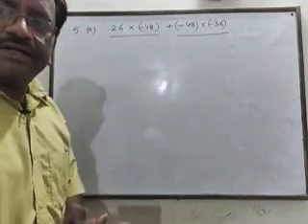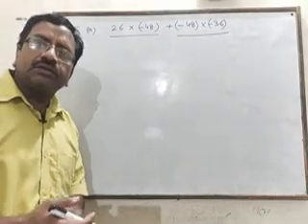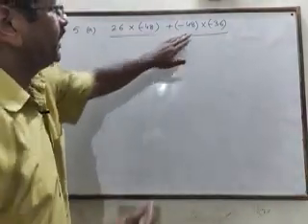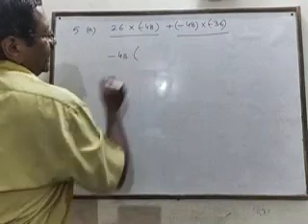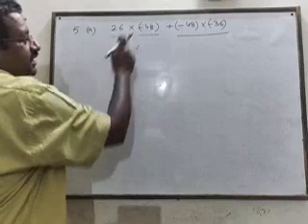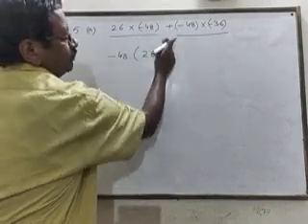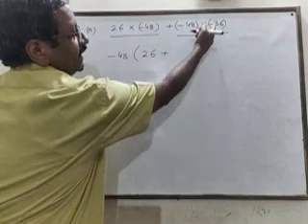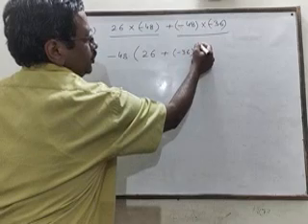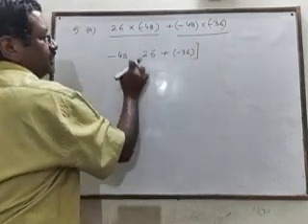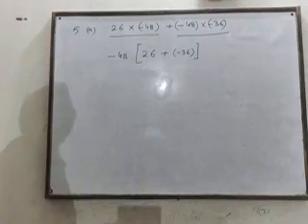So this is related to the converse of the distributive property where we take the common factor. So we take -48 as common, and inside the bracket there will be 26, then plus, and here it will be -36. Better you put a square bracket because we have already used parentheses here.